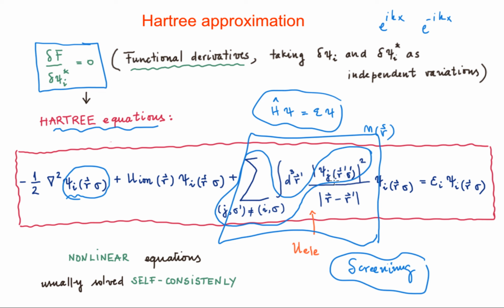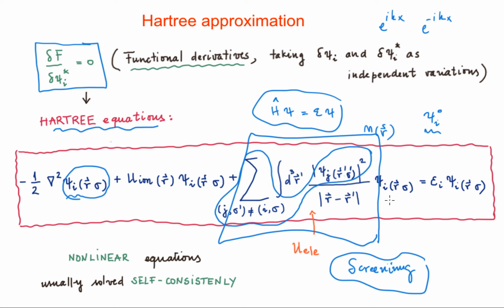Usually the method followed to solve it is a self-consistent method, which basically means that you start with some initial guess for all the wave functions, and you plug that initial guess here to get an initial expression for the effective potential, and using that, you solve these equations for the new psi_i.